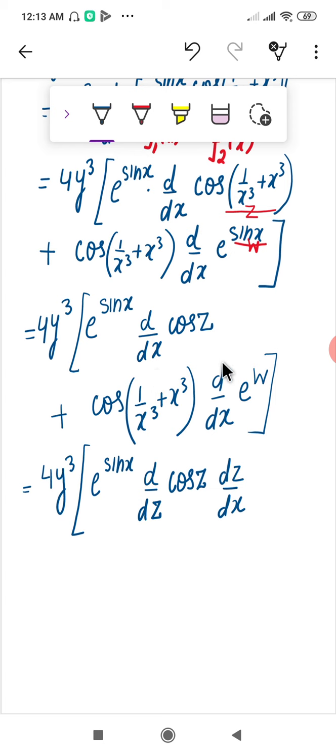Cleared? Next, plus cos 1 upon x cube plus x cube, and same trick here.